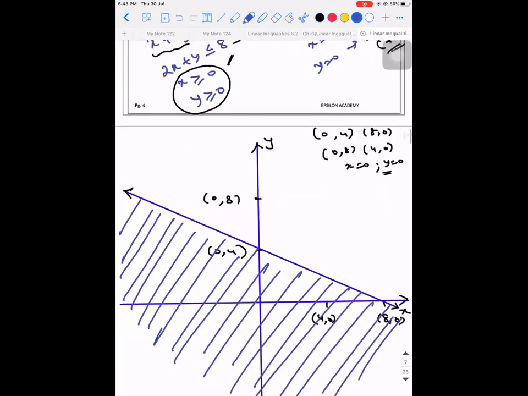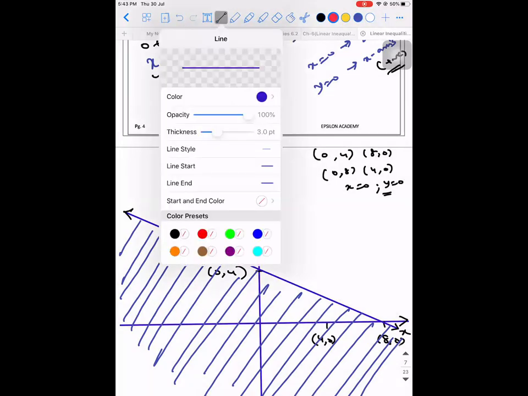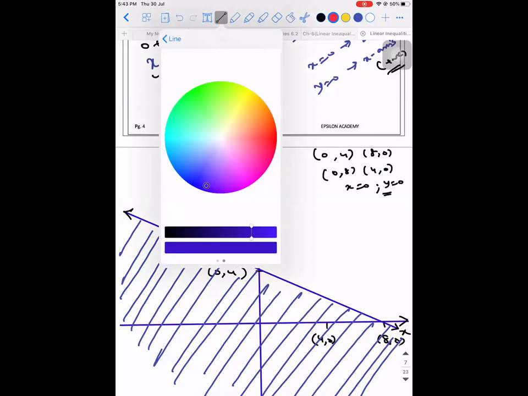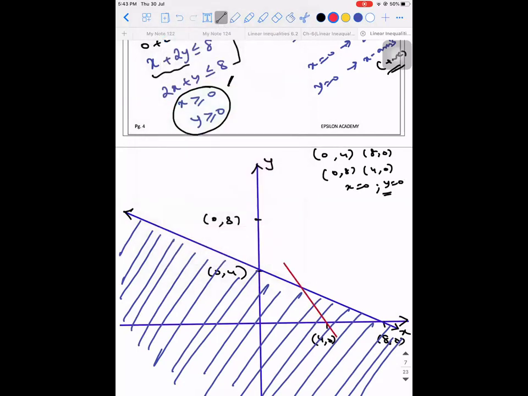I included the origin. Similarly, 2x plus y is less than or equal to 8. For that, this will be the line.